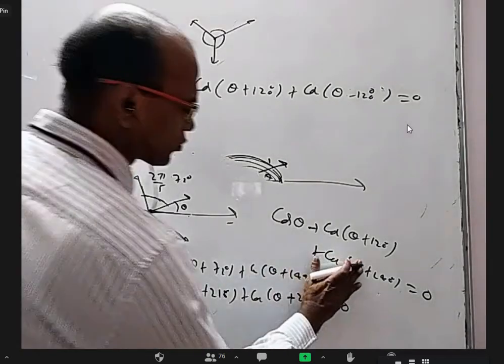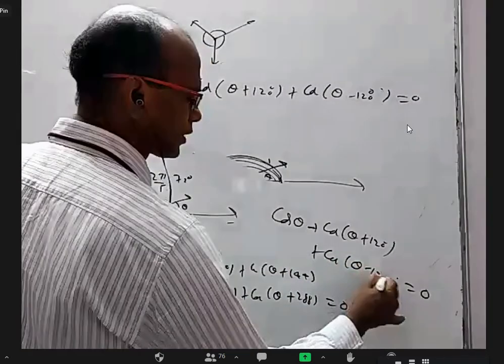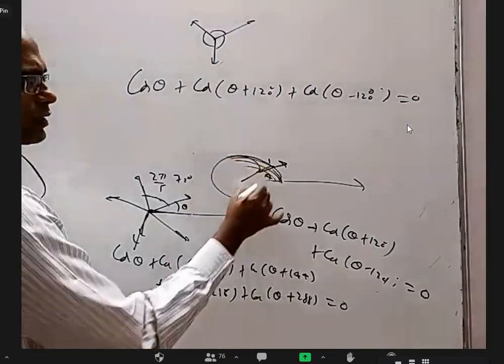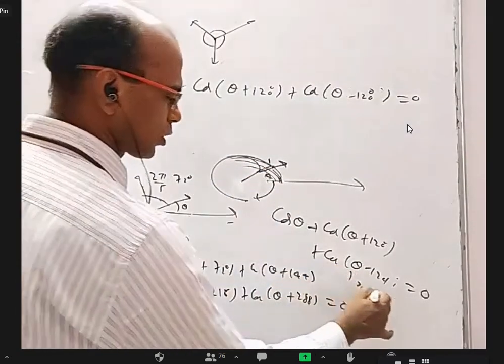Instead of theta plus 240, sometimes you may find theta minus 120, because instead of taking the angle like this, you can take it like this. You can even take 120 minus theta.